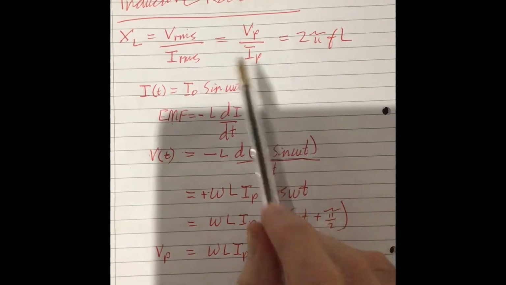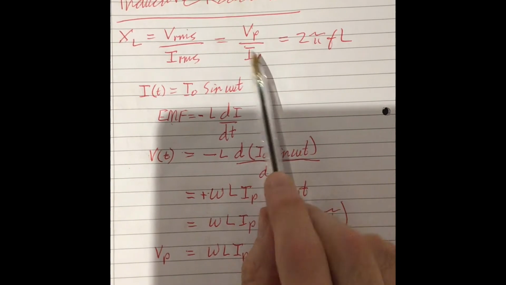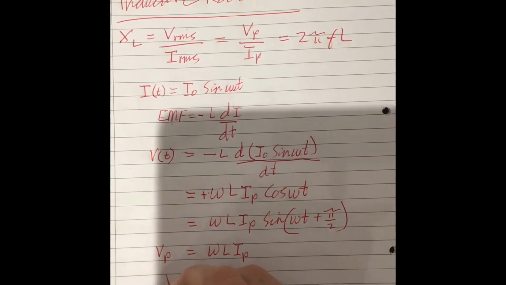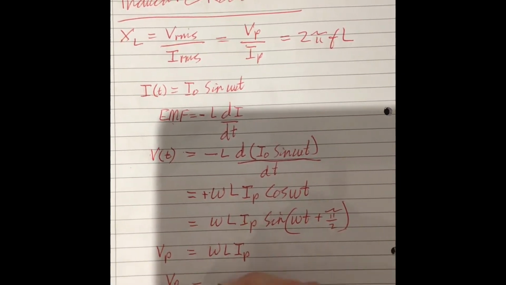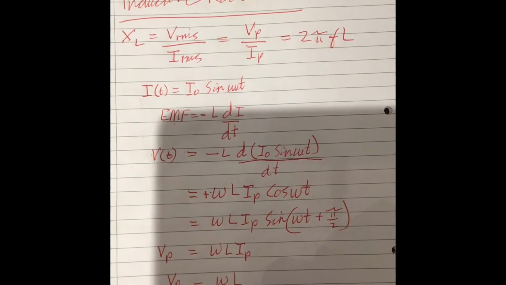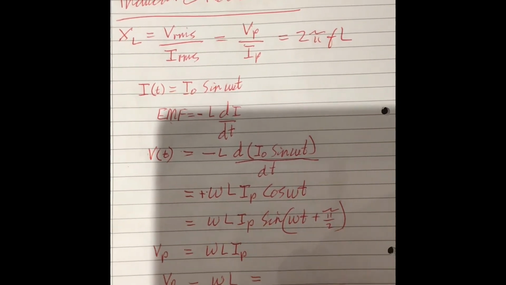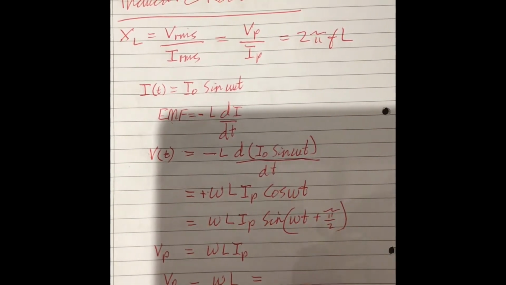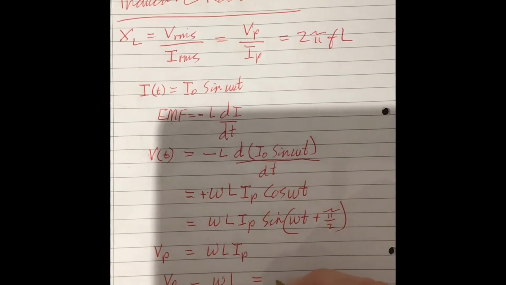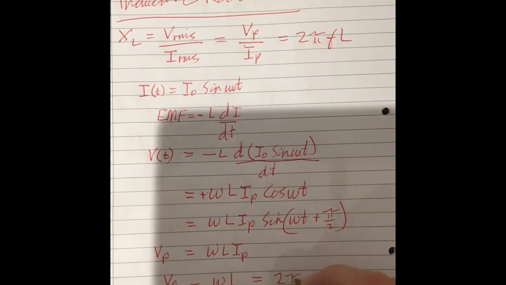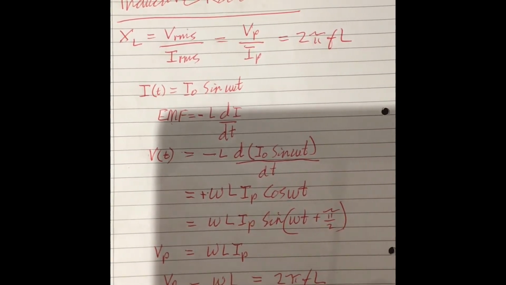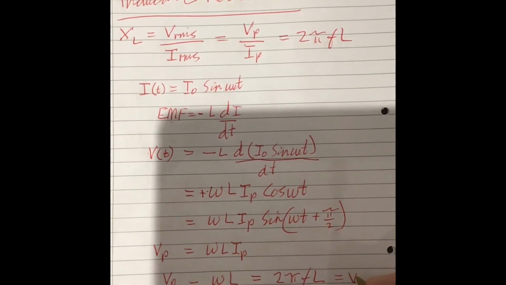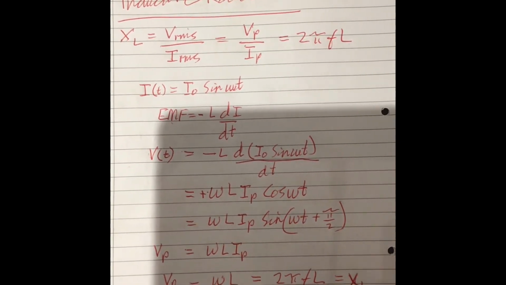And then that relates up here quite nicely, because that means that V p over I p equals omega L. And since we know all the way back since the start of Unit 1 that omega is 2 pi f, there's our 2 pi f L, which is our inductive reactance.